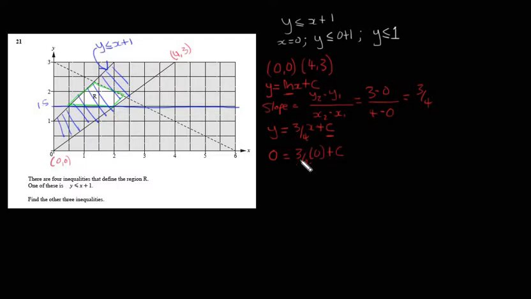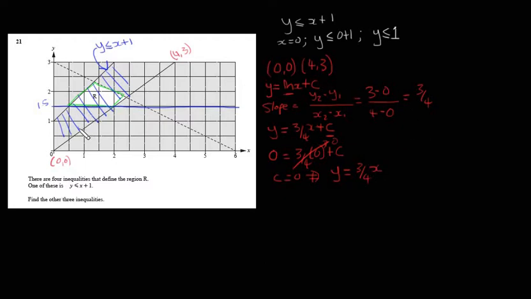This is going to cancel out to 0, and we'll get c is equal to 0. That means we get our equation y is equal to 3 over 4x. There is no plus, sorry, it is 3 over 4x. But we are not finished yet.